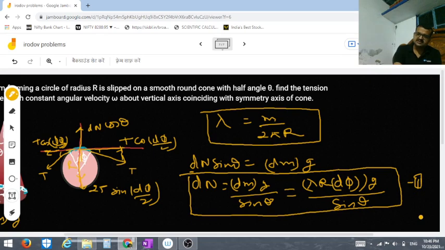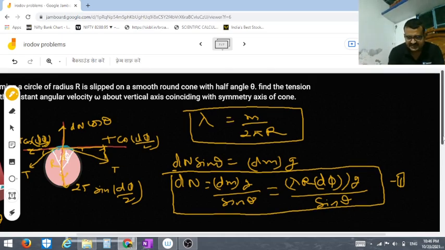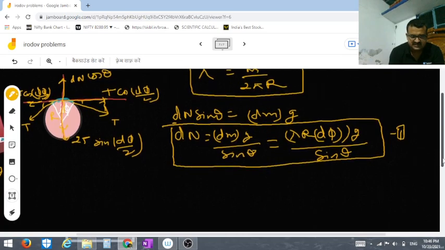Now just analyzing the forces in the vertical direction, or the transversal direction that you are observing, in the direction of centripetal force that we will see.